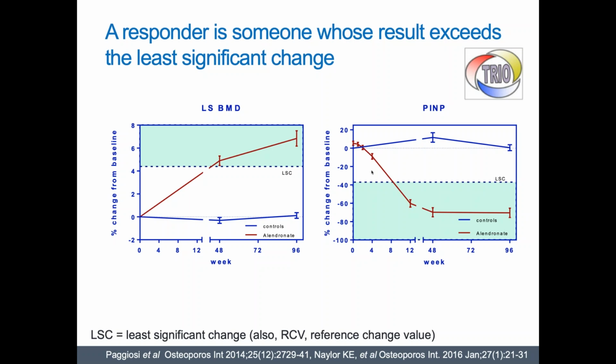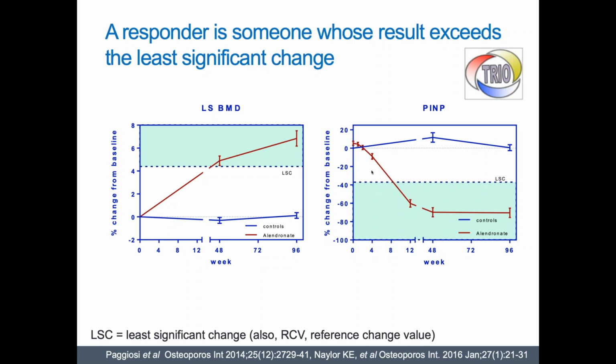And on this graph, I've shown the dotted line, which is the least significant change, which is about 4% in this particular study for lumbar spine bone density. So the average woman at 48 weeks was around about the least significant change, meaning that about half the people are responders and half the people are not responders. By the end of the 96 weeks, about 2/3 of the women would be responders.